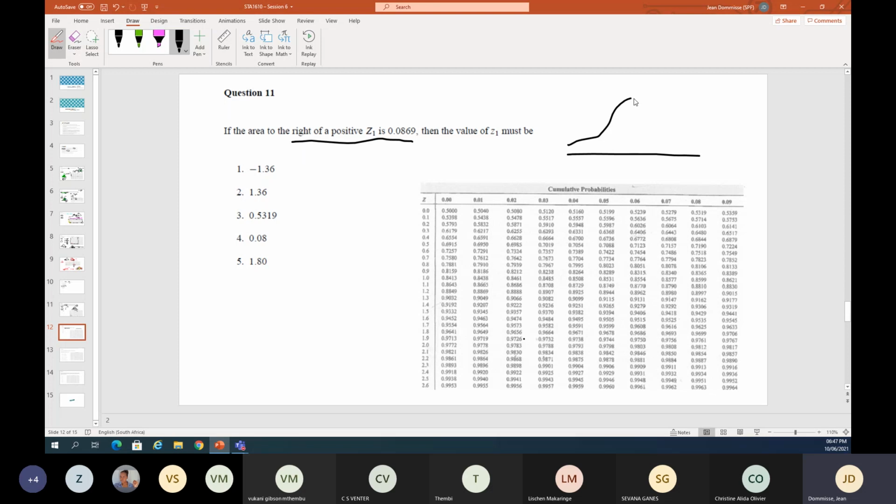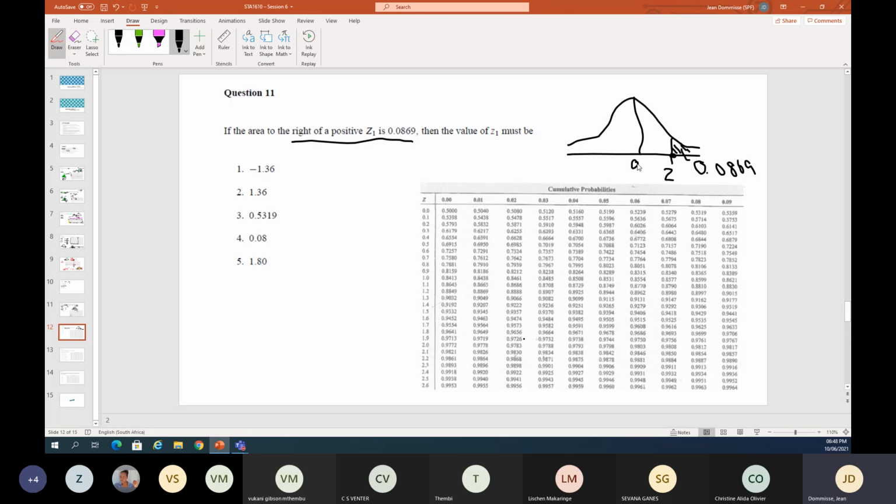So we know it's positive, so we know it's that area that we're talking about, 0.0869. And they want us to work out what is that Z value.